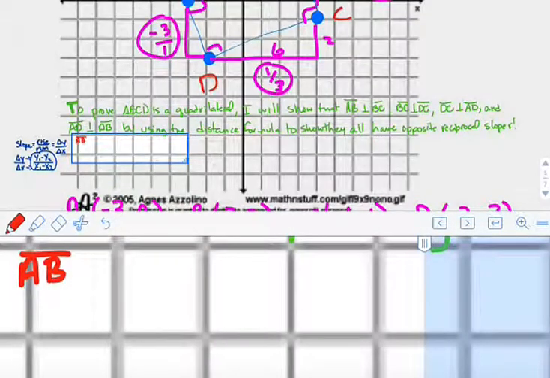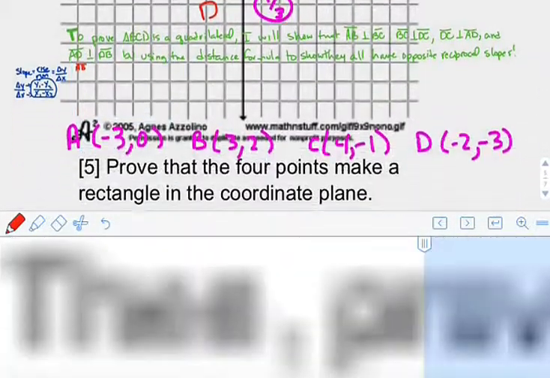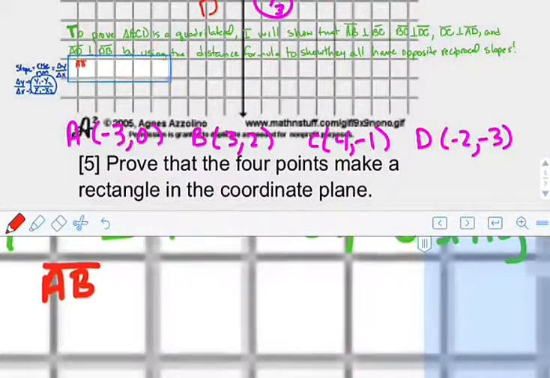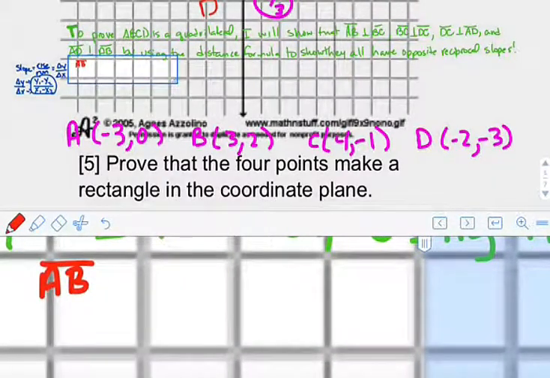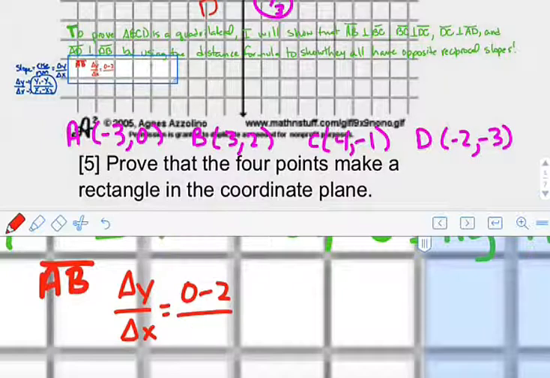Let's do this a little bit, just so I can see my points. So AB, change in y over change in x. Going from A to B, we're going from 0 to 2, so it's 0 minus 2. At the same time, going from A to B, we have negative 3 minus 3. So let's do a little cleanup here. That's negative 2 over negative 6.